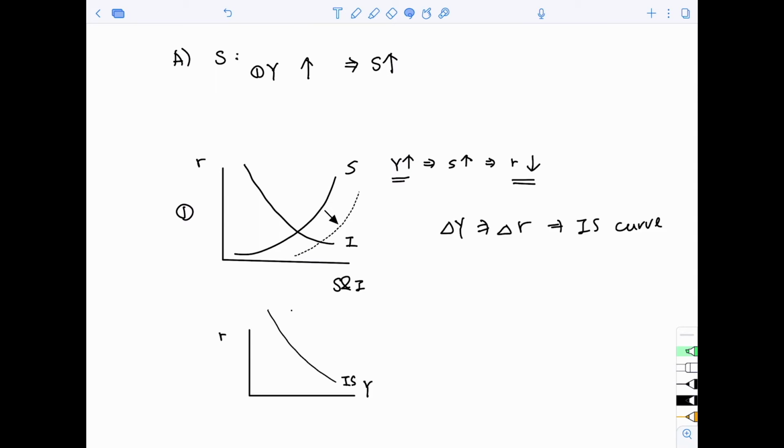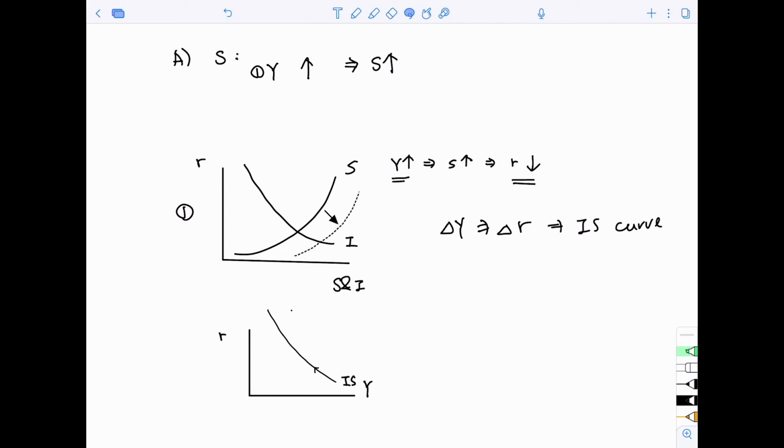And then that is how we derive the IS curve. We say that the IS curve is trying to capture the relationship between real interest rate R and the output Y when the goods market is in equilibrium. Given that the R is the equilibrium price of the goods market, when we change the income, it changes the saving decision, and then it will affect the R, and the relationship between the R and Y will then be derived.